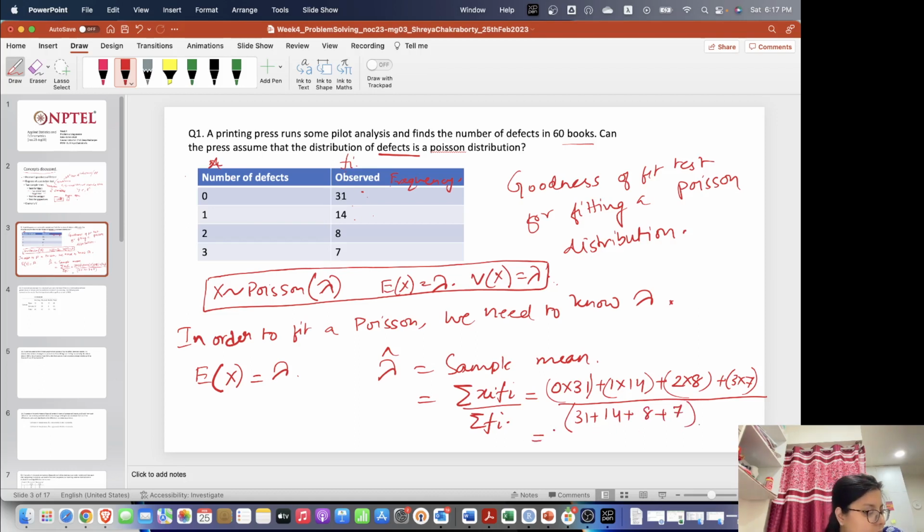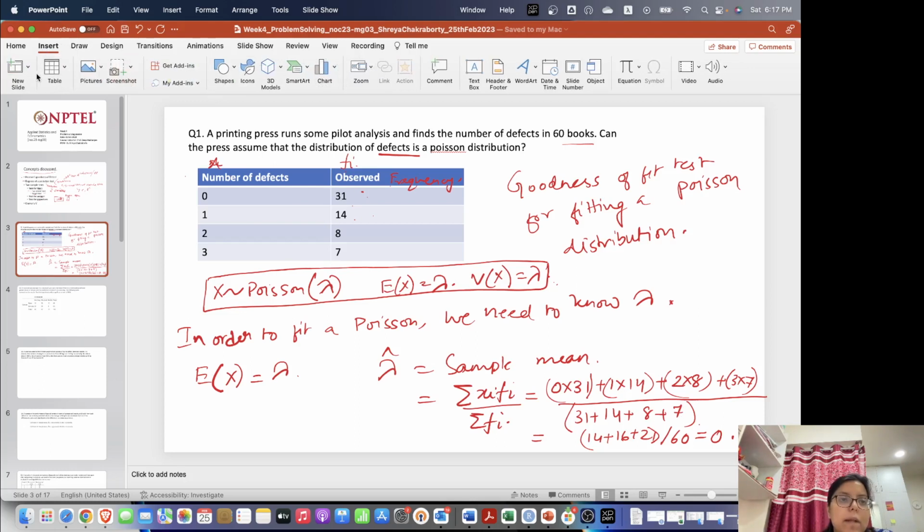So this will be equal to 14 plus 16 plus 21 divided by 60. How much do you get? Yes, 0.85. Now we have an estimate of lambda and we can fit a Poisson distribution.